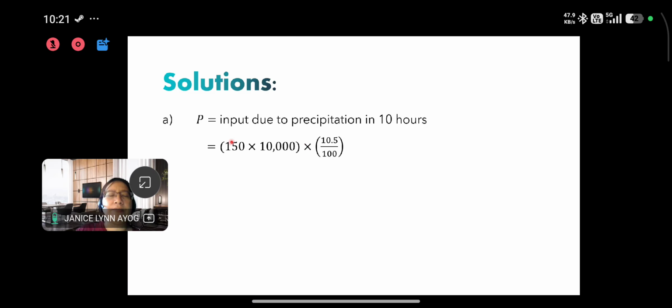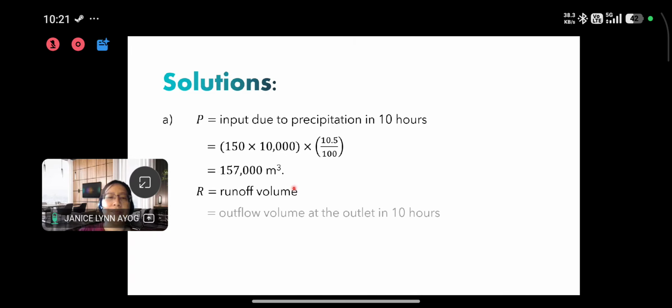And this is the precipitation or the rainfall, 10.5, and then you divide it by 100 so that you get meter. You get in volume 157,000 meter cube. Your runoff volume is the outflow volume.